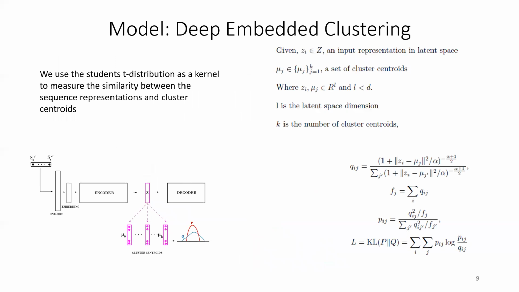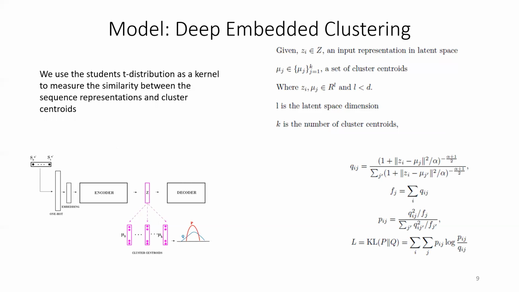So formally, we define an L-dimensional vector, Zi, for the input representation latent space. We also denote a set of k L-dimensional vectors to represent each of the k centroids in latent space.